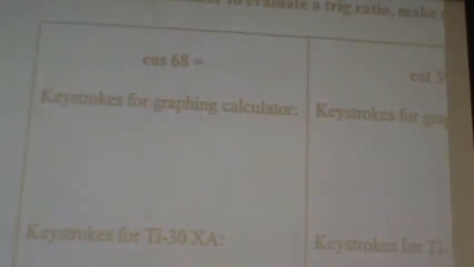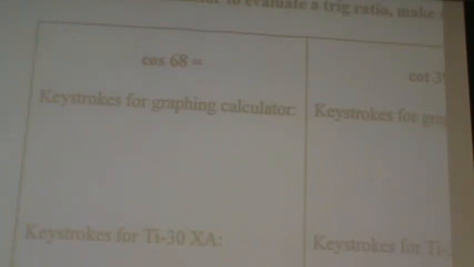And when it says, what's the cosine of 68, do you know what that even means? If someone said, what's the cosine of 68, do you know what you're doing? Cosine of 68 degrees says, hey, you have a 68-degree right triangle. So I'm going to say this is 68 degrees.